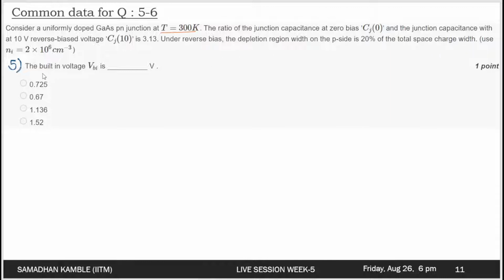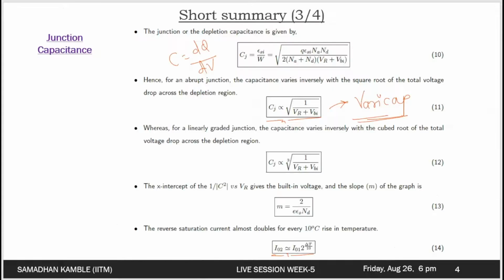So question number 5 is, the built-in voltage VBI, so the built-in potential is asked. If you go to the summary slides here, you can see that the junction capacitance varies inversely with the square root of the applied reverse bias voltage and the built-in potential. So we can use this particular relation.